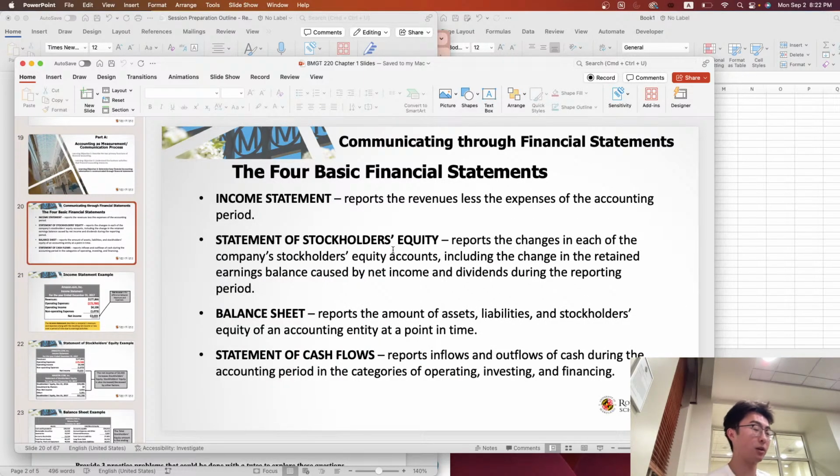Okay, statement of stockholders' equity. This is something actually I'm not super familiar with. Change in retained earnings balance caused by net income. Okay.